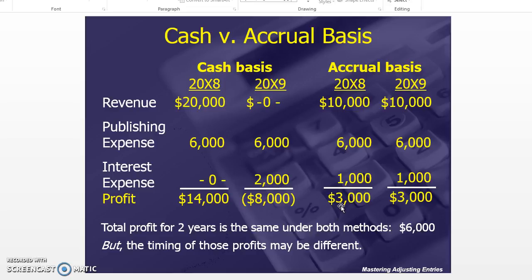So it's something to be aware of. If you are obligated under GAAP to have an accrual basis accounting method, then this is what you would be doing as a bookkeeper. A lot of the smaller companies are not obligated, and it's perfectly fine for them to use the cash basis of accounting.